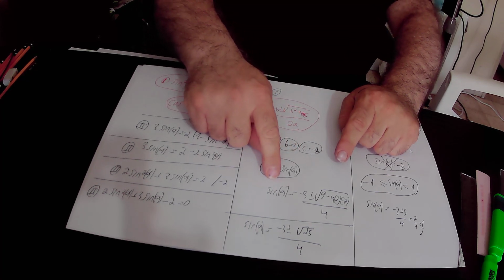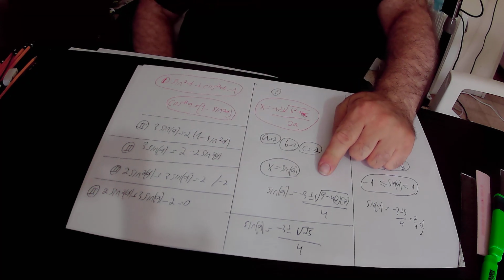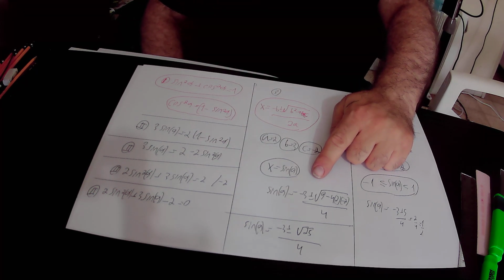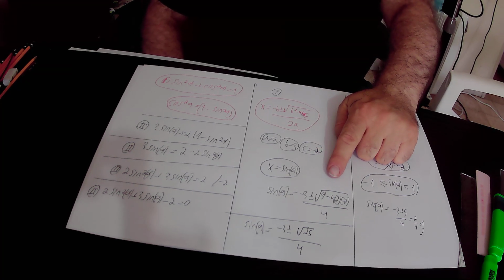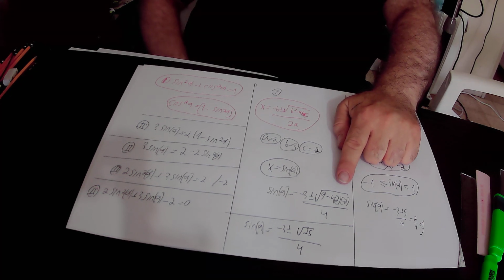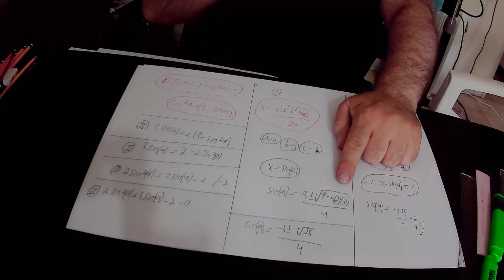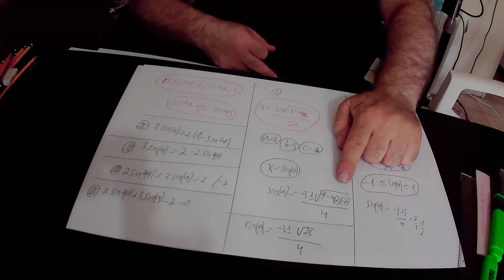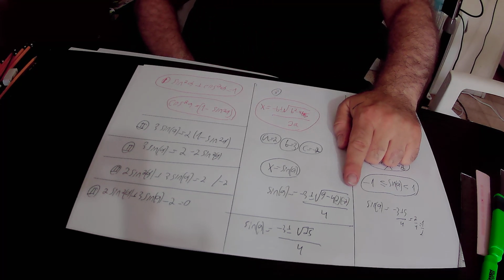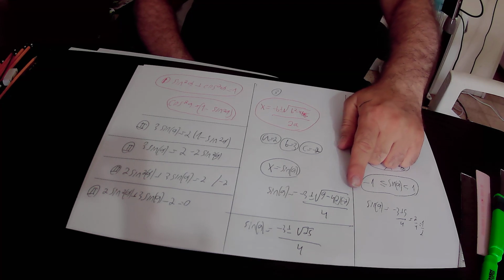So we got that sine alpha equals minus b, and b equals 3, so minus b is minus 3, plus minus the square root of b squared. b equals 3, so b squared is 3 squared, that is 9, minus 4 times a. A is 2, so it is minus 4 times 2, times c, that is minus 2. So this expression is minus 4 times 2 times minus 2, over 2a.